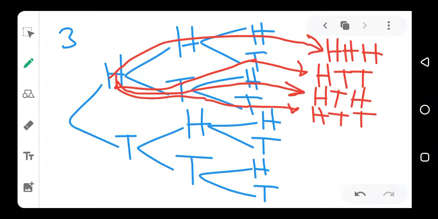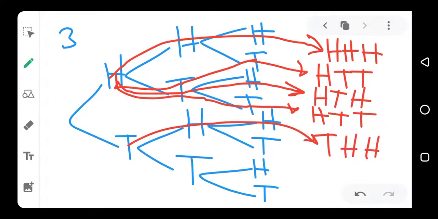Then the fourth one, we join this to this and go to this side, and so we have tail, head, head.